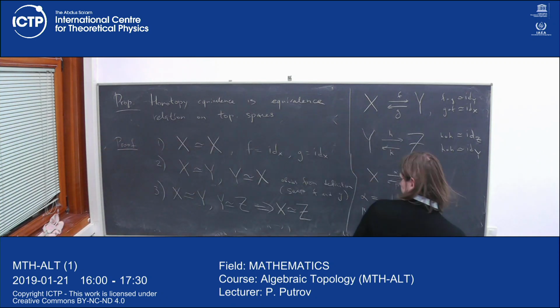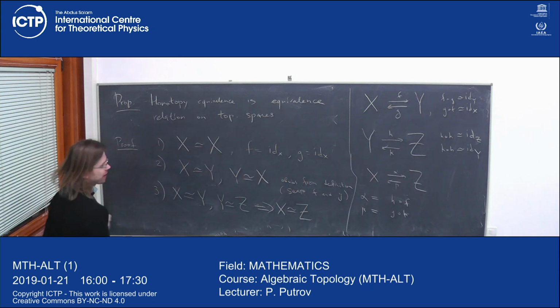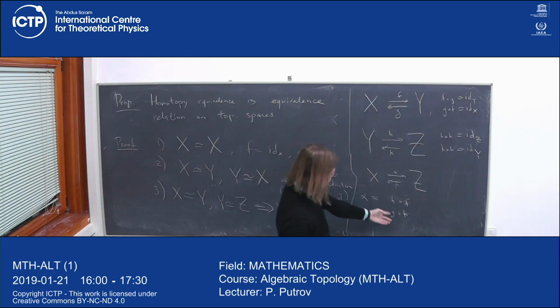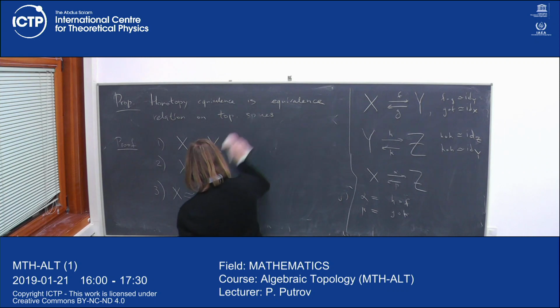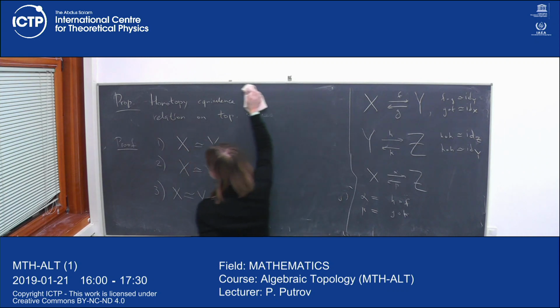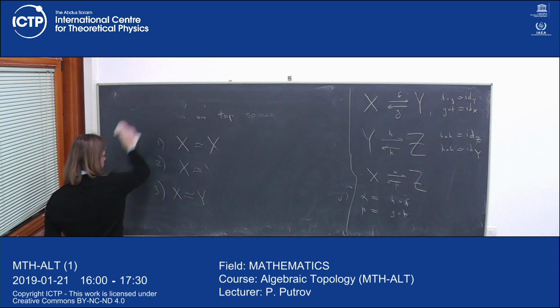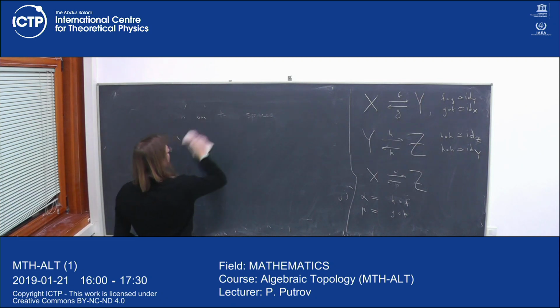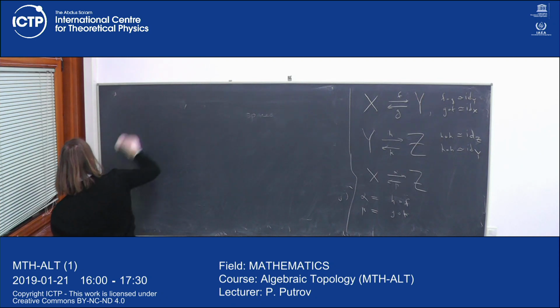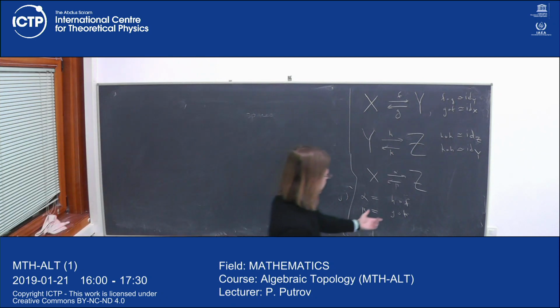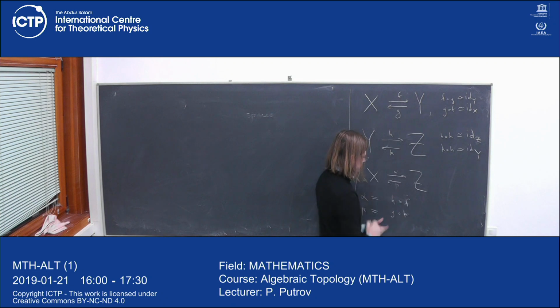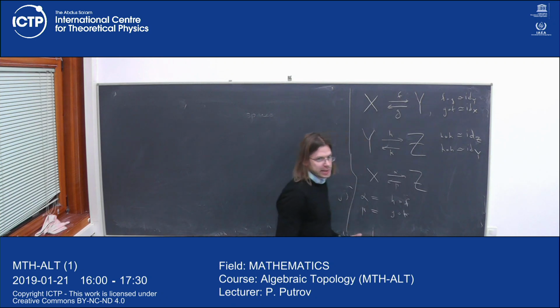At least this defines a composition between the correct spaces. Now we want to show that the composition of them in two different orders is homotopic to identity.